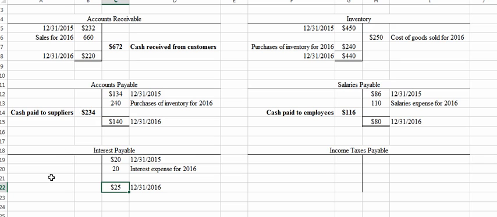So over here, we're going to get cash paid for interest. Okay, well, it's going to be equal to 20 plus the 20 is 40, minus the 25 that did not get paid, equals what, 15?